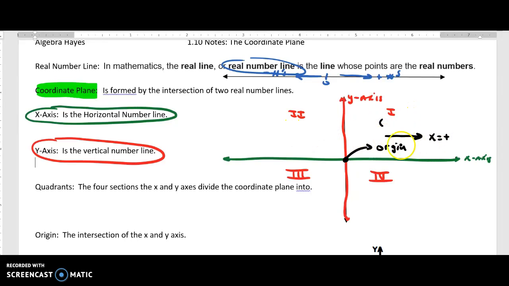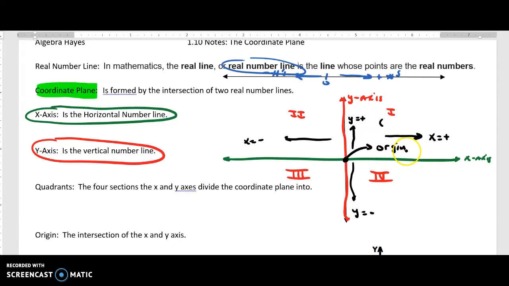When you go to the left side of the origin, all your x values are negative. When you go above the origin, all your y values are positive. And when you go below the origin, all your y values are negative.